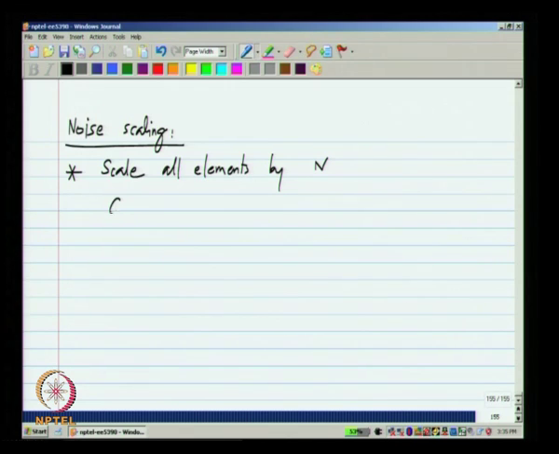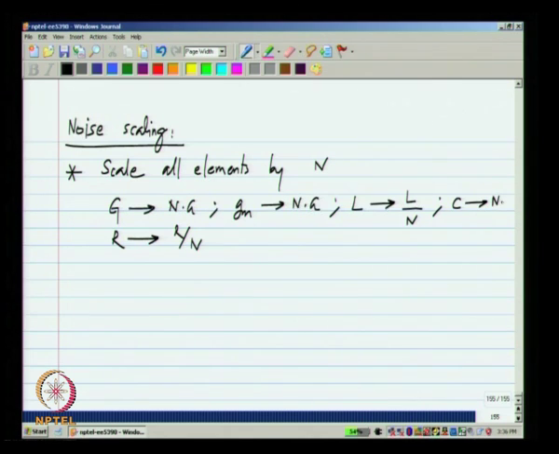So, a conductance will become n times the conductance, a transconductance becomes n times the transconductance, a resistance obviously becomes 1 over n times the resistance, an inductance becomes inductance divided by n, capacitance becomes n times the capacitance, and so on. So, if you have a MOSFET of width W, it will have n times the width in the new circuit.